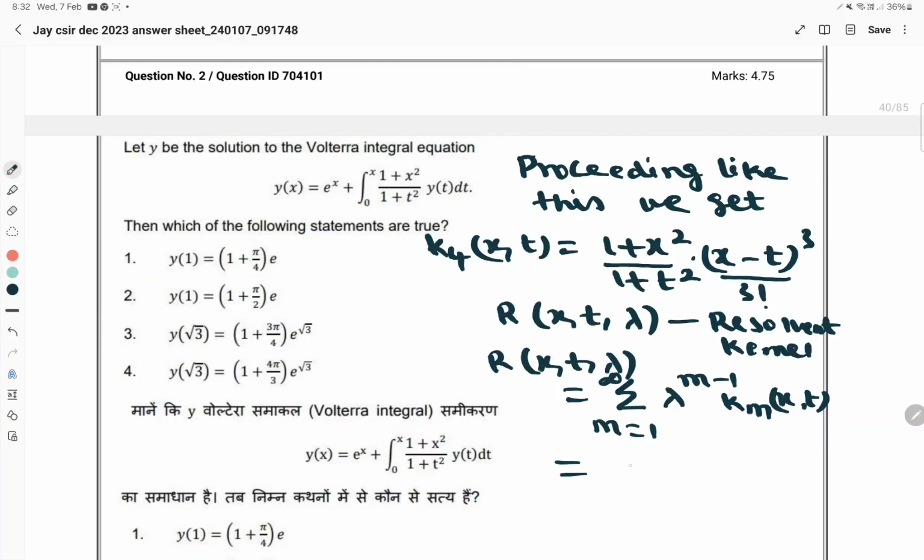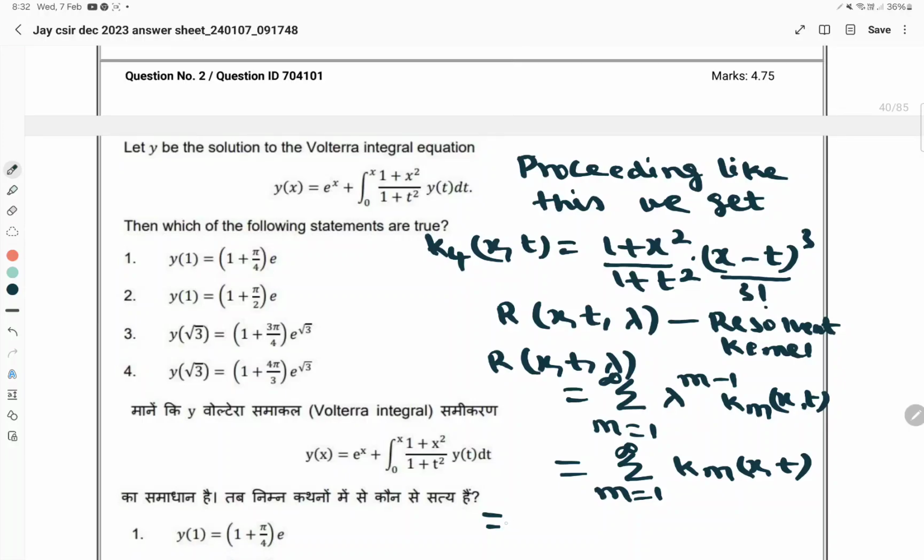Here lambda is 1, therefore summation m equal to 1 to infinity, lambda is 1, it can be further written as Km(x,t).